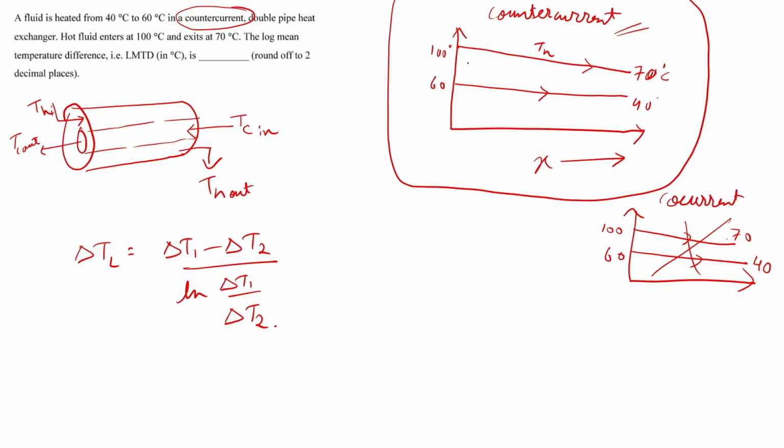So here, this temperature difference is defined as delta T1, and this we can write as delta T2. So delta T1 is 40 minus delta T2 is 70 minus 40 is 30, upon ln of again 40 upon 30.